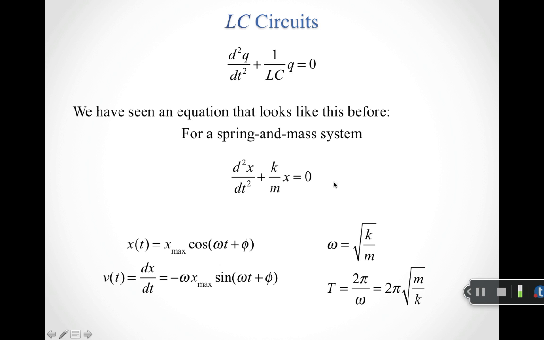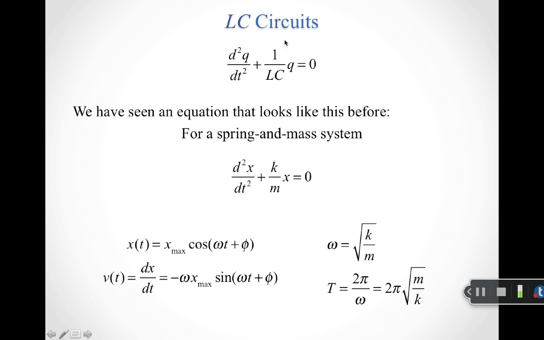So the idea is we know that this kind of equation describes oscillatory motion. We described it for a spring and mass system. We know its solution will be sine and cosine functions. We know the period and the angular frequency of that oscillatory motion can be calculated from the constant term sitting in front of x.